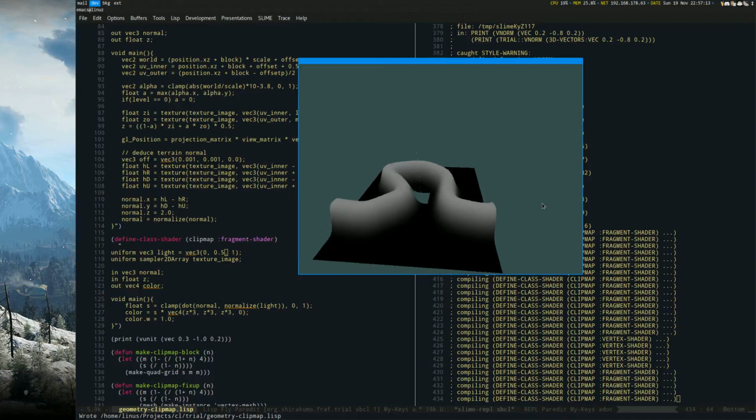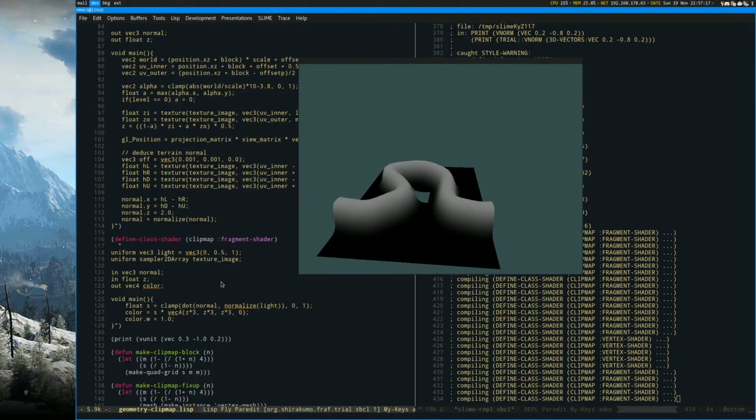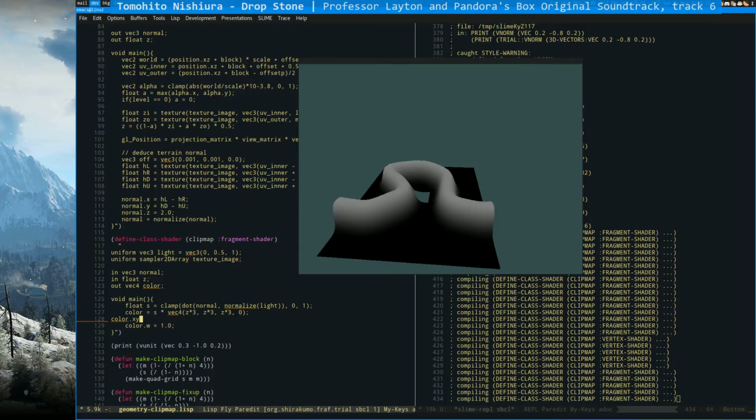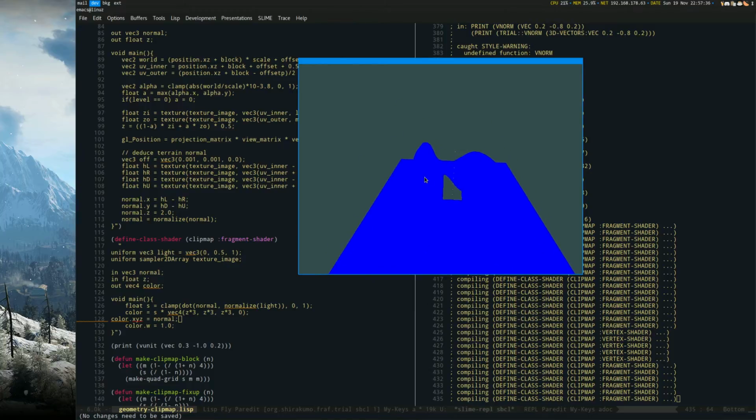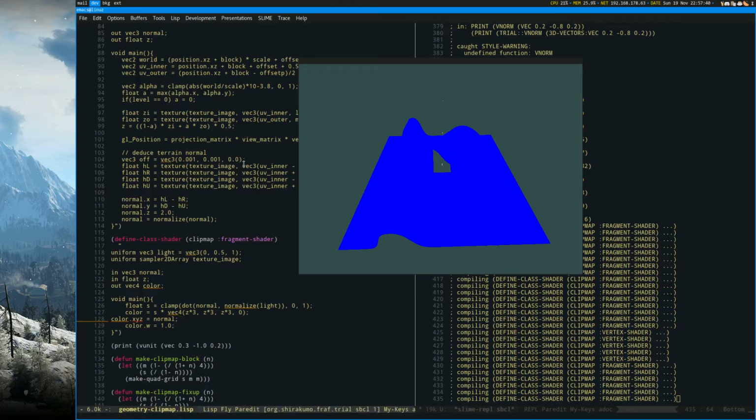I don't get this. Can I just... okay, yeah, they're normal, they're definitely not right. There is definitely something funky. But why?